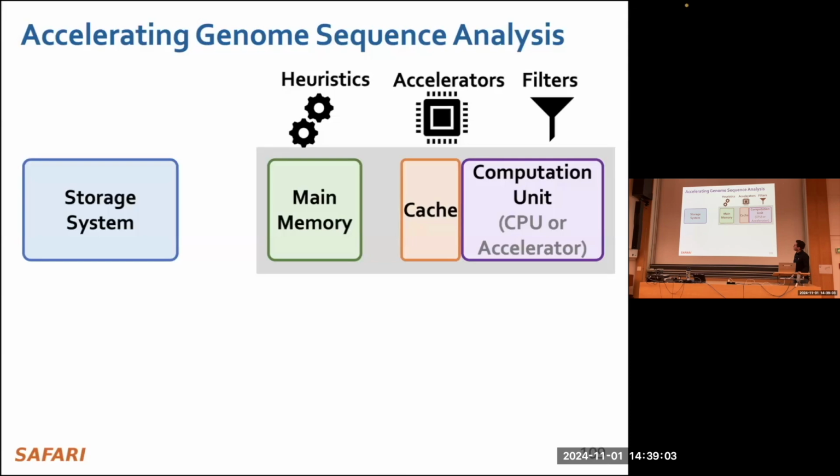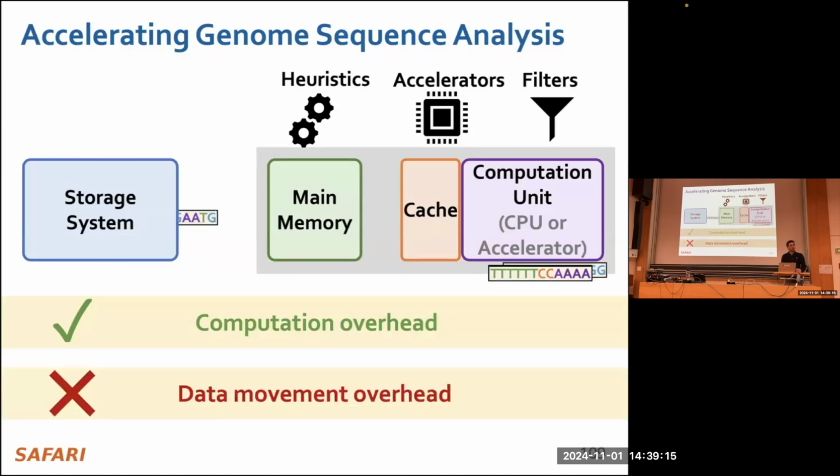So this means that the bottleneck will actually shift. Maybe you'll alleviate the computational bottleneck. So this means that maybe you're not going to spend a lot of time in computing, but you'll spend a lot of time moving the data, right? So now the goal is to minimize this.